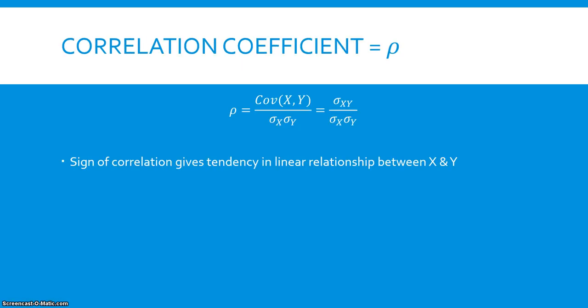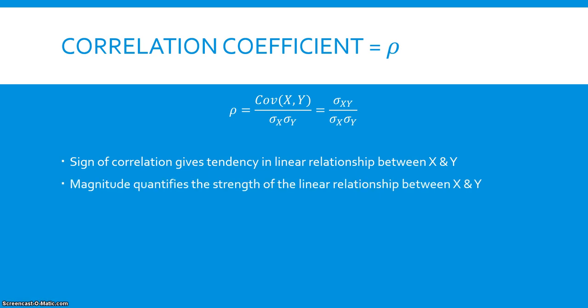Just as the sign of the covariance gave us the tendency in the linear relationship between x and y, the correlation gets its sign from the sign of the covariance, so it still tells us whether we tend to have a positive or negative linear relationship between x and y. But when we're working with correlation, magnitude quantifies the strength of the linear relationship.